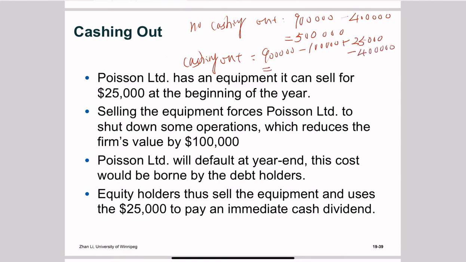So in this case, you can see that the end value for the equity would be, I don't know how much, I think it's 4 something. 42,500, right? So basically, you can see that the value of shareholders' equity would be larger if there is no cashing out. So basically, they will not pursue this cashing out.